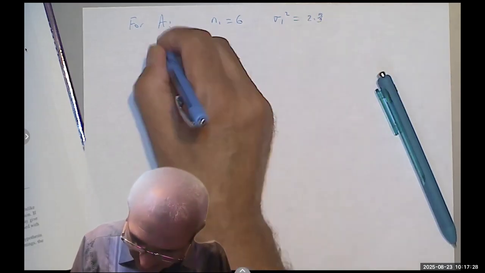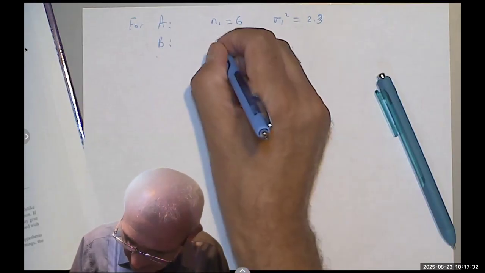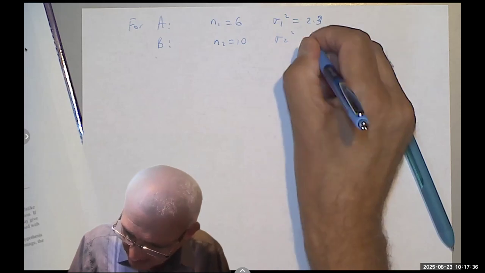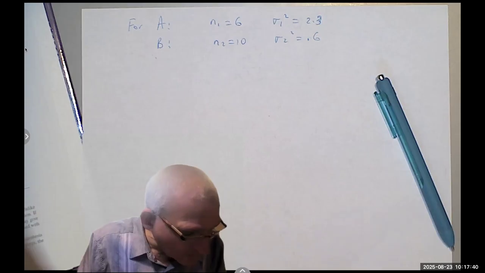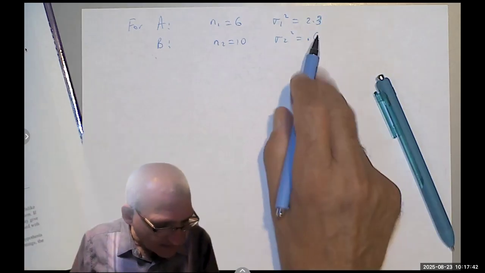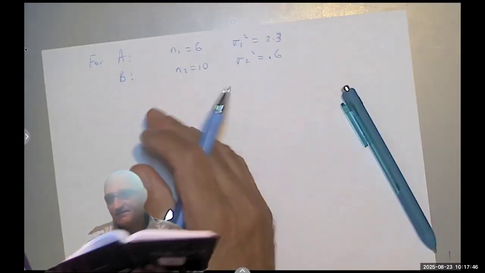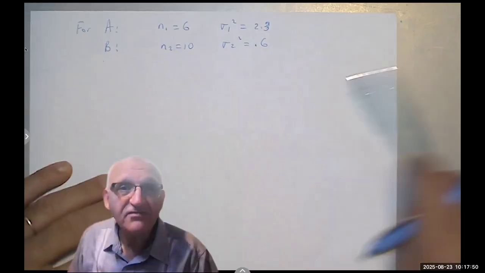And for pesticide B, the variance of 10 specimens was 0.6. You can see there is a difference, right? But can we conclude that the variance in the amount absorbed is greater for A than it is for B? That's all we have.